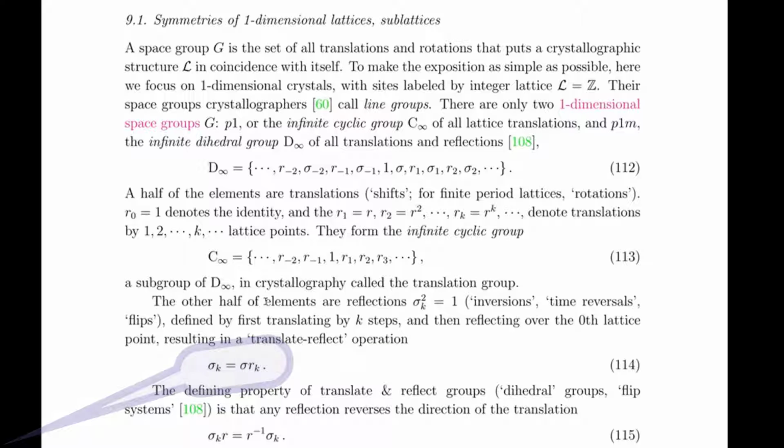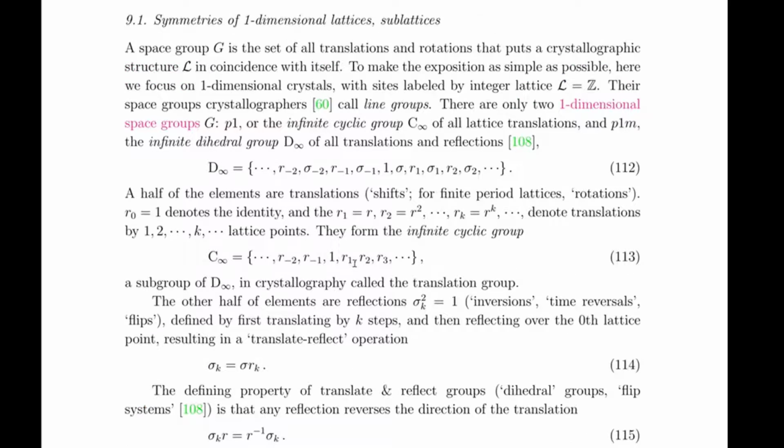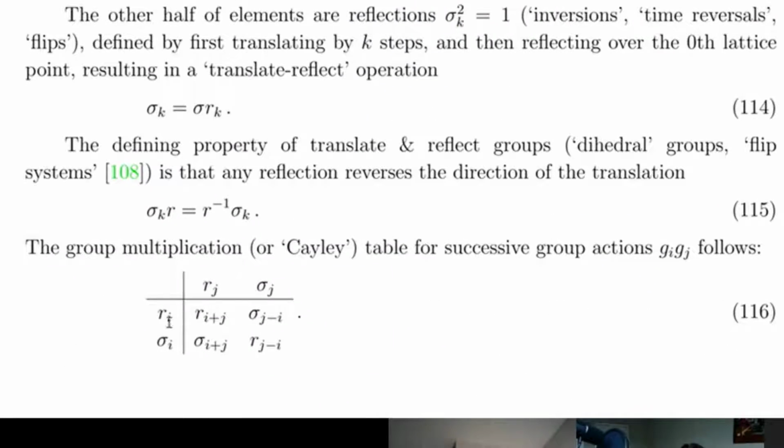And the amazing thing is that you discover there are two classes. The even one, I stand here and I flip, is different from the odd ones, where I move by an odd number of steps and flip. And the multiplication table is simplicity itself. Rotations add up, but a rotation times a flip sends me backwards. And if I flip twice, I get a rotation.